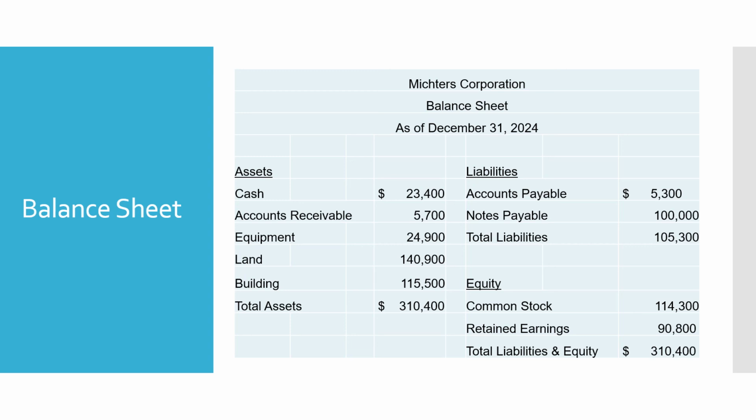We've picked up the common stock account balance from the list of information that they gave us. We've used the ending retained earnings balance from your statement of retained earnings, and we have total liabilities and equity of $310,400. So hopefully you were able to put together a set of financial statements that resulted in a balance sheet that balances. If not, we're going to have lots more practice on that going forward.